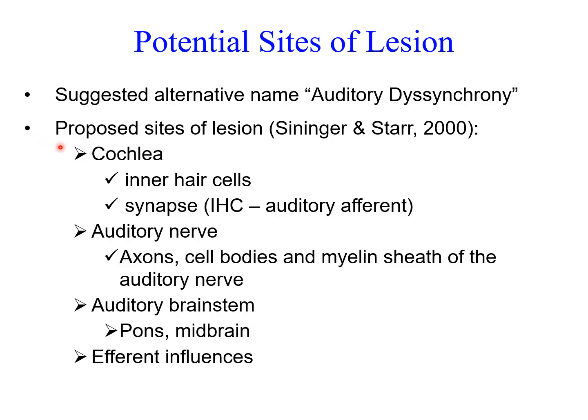The possible sites of lesions are, say, the inner hair cell is the first one, and the synapse between the inner hair cell and the auditory nerve, and the auditory nerve itself. It could be the dendrite, the axon, the cell body, or the myelin sheath. It could be the neurons in the auditory brainstem area, in the pons or the midbrain area.